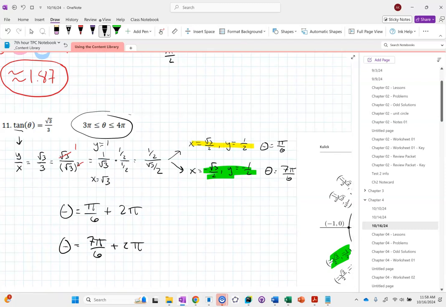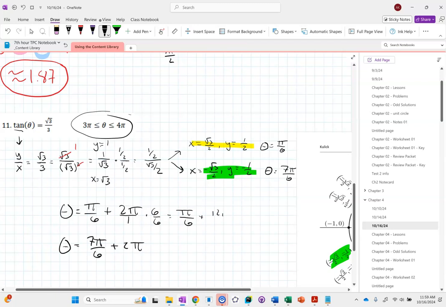So to add pi over 6 and 2 pi, what do I need to have? Common denominator. So let's think about 2 pi is 2 pi over 1. What would the common denominator be between pi over 6 and 2 pi over 1? So 6. So we'll multiply that by 6 over 6. So that gives me pi over 6 plus 12 pi over 6.